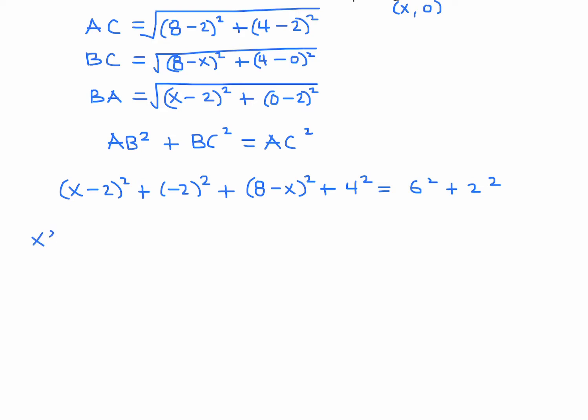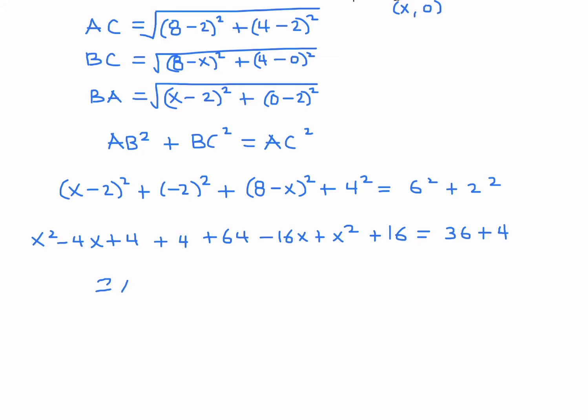Expanding, this is going to be x squared minus 4x plus 4 plus 4 plus 64 minus 16x plus x squared plus 16 is equal to 36 plus 4.